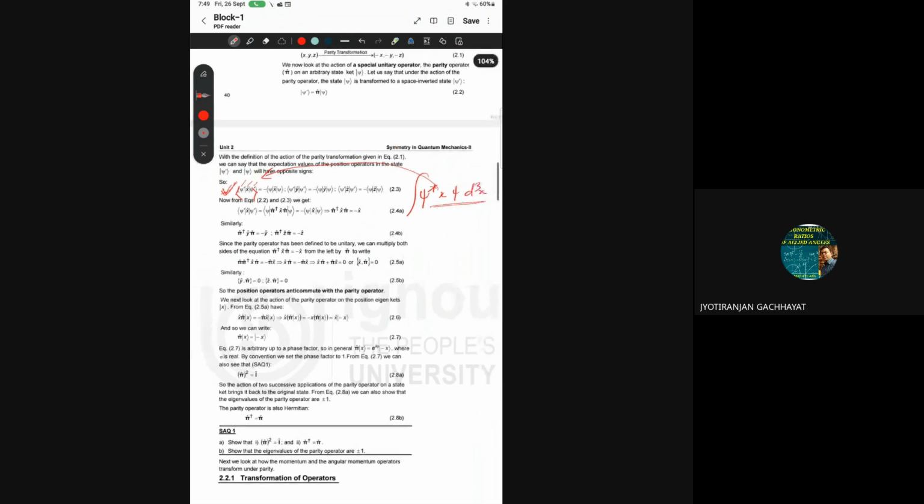So go through it, because these are very fundamental. Once you understand this, other things will be easier to understand. Go through it and let me know if you have any question or doubt. Then I can clear it.